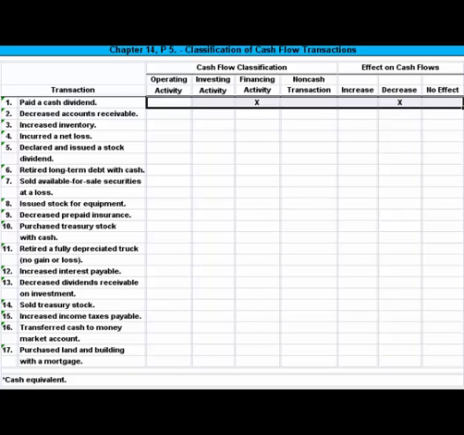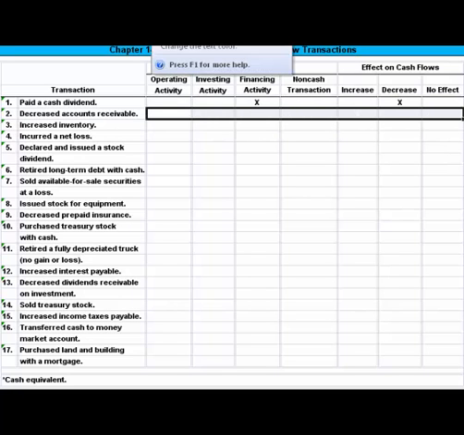Okay, we decrease accounts receivable. Now, hopefully you recognize accounts receivable as part of the ongoing main business, so it's going to fall under operating activity, and a decrease in accounts receivable is actually considered an increase in cash flow. And the reason is you assume everything else is held constant.